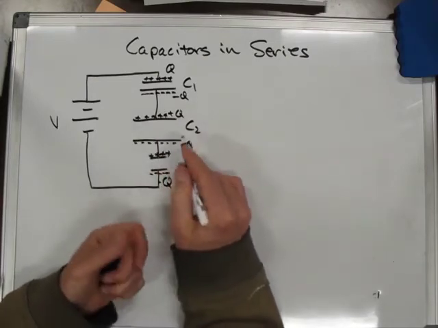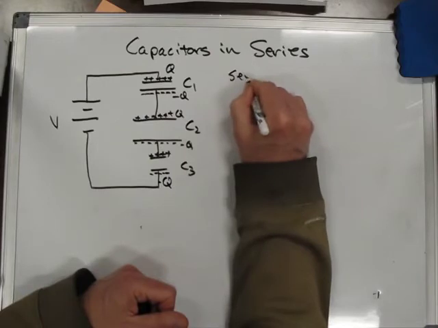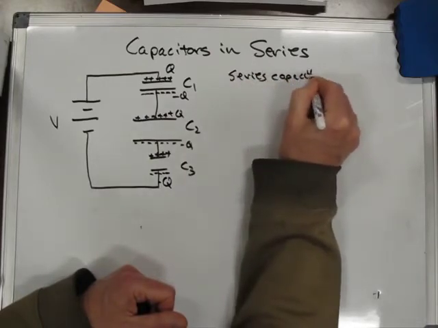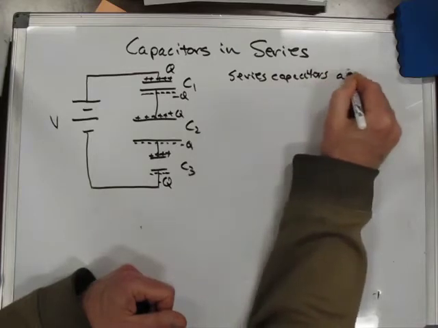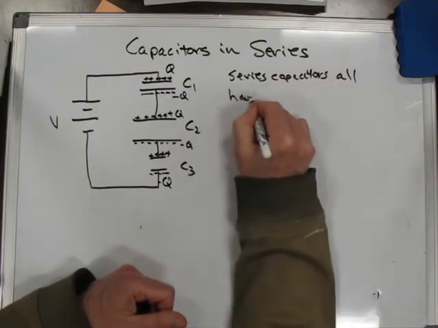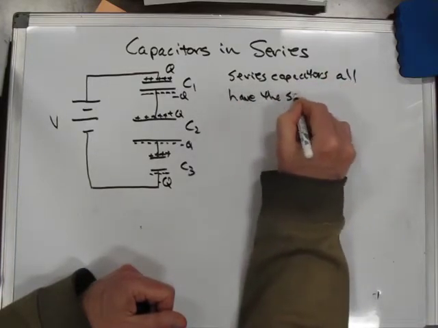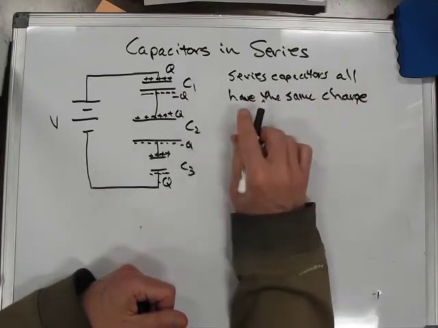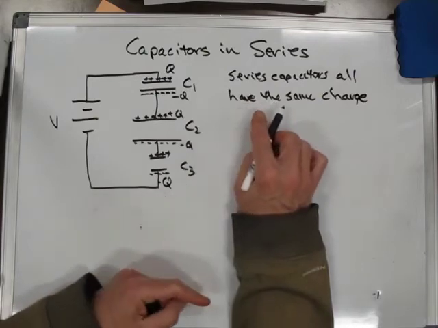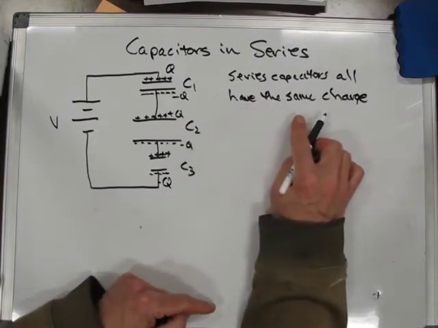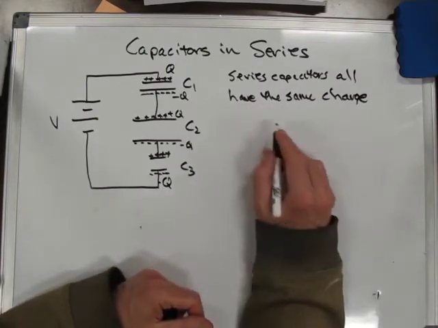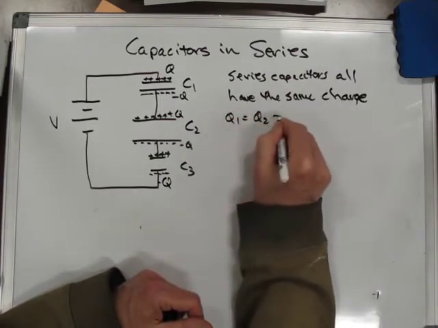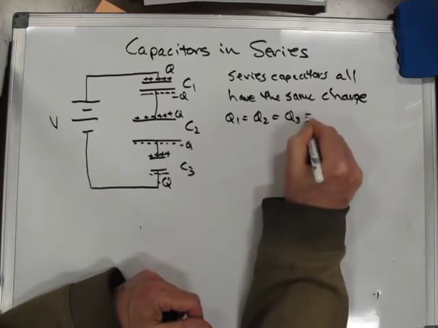So capacitors in series, whereas capacitors in parallel all have the same voltage, capacitors in series all have the same charge. And so I can say Q1 equals Q2 equals Q3 equals Q.